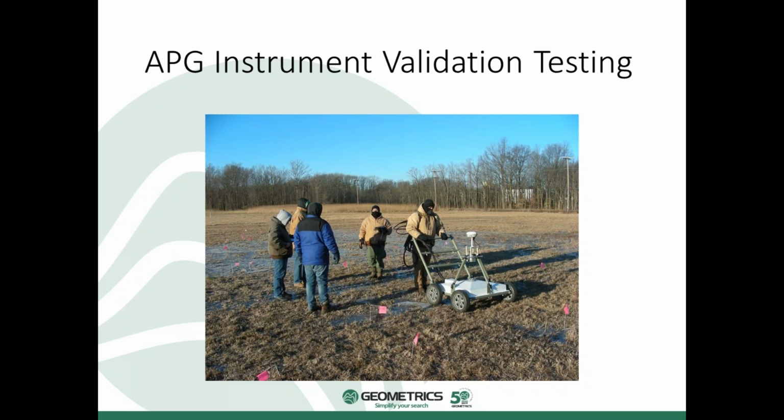The testing procedures are not well publicized, but if your firm has gone through them, then you're familiar with what is involved with the validation testing. As you can see in the photo, this was during one of the polar vortex, very, very cold weather. I believe it was about 10 degrees during the week that the instrument was at Aberdeen.